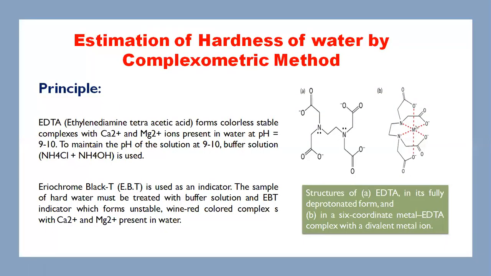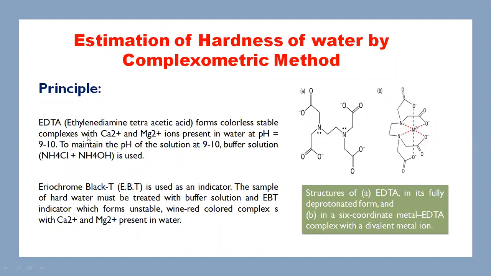Now, the principle behind estimation of hardness of water by complexometric method, as we have discussed in the last slide, the structure of EDTA. This is the free structure and this is the complex structure.